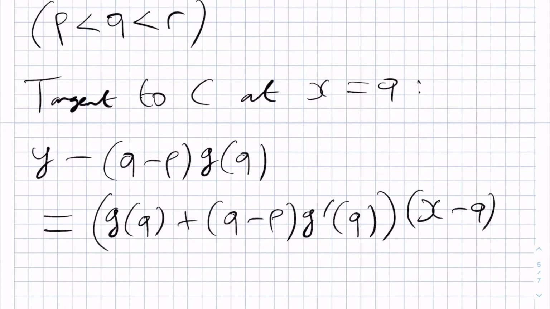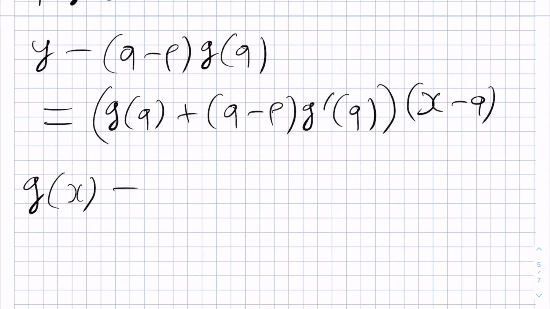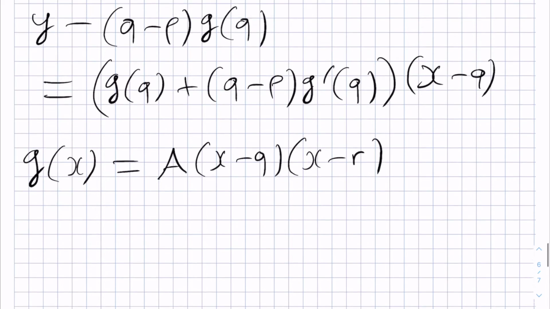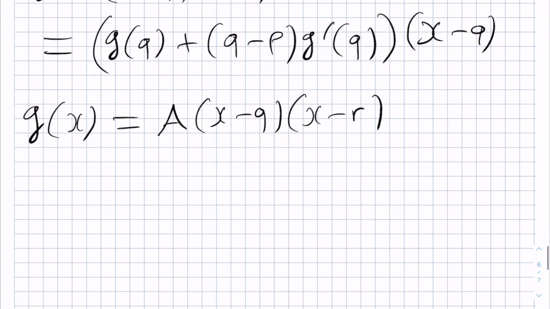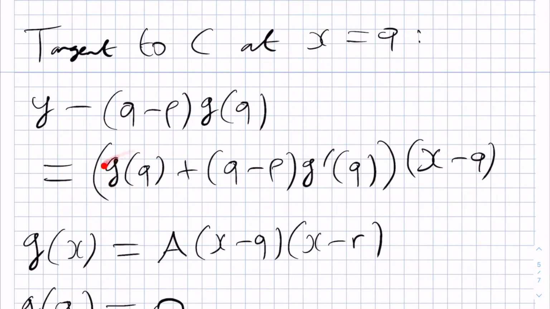This is specifically for g of x being a times x minus q times x minus r, i.e. we have the specific case where we have taken out a factor of x minus p. For this particular g of x, we notice that g of q is equal to 0 because of this factor here. So this is equal to 0, and therefore all we have is y being equal to q minus p times g prime of q times x minus q.